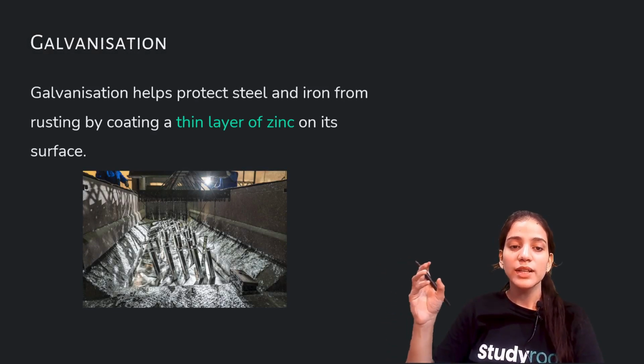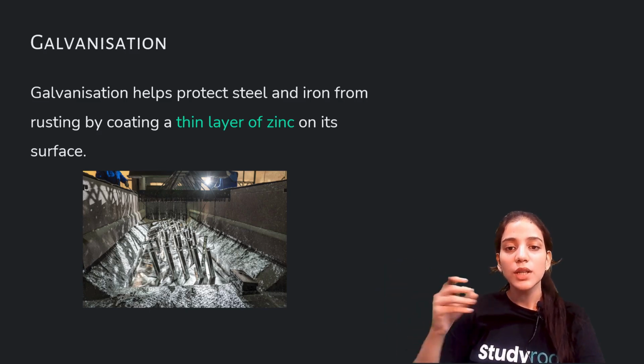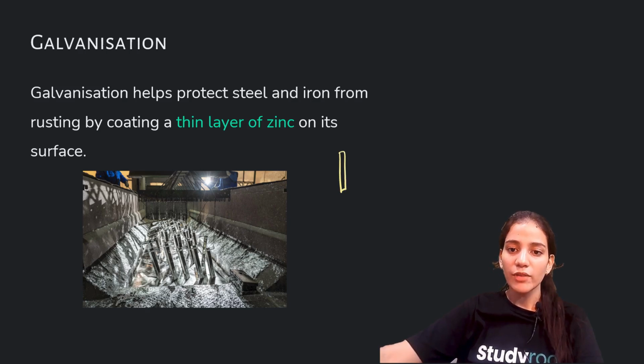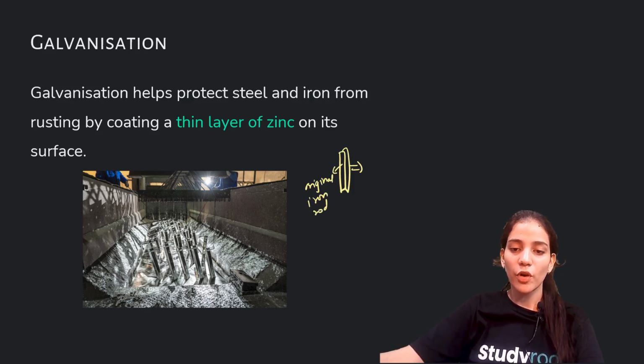It helps us to protect steel and iron from rusting by coating a thin layer of zinc on its surface. Suppose we have an iron rod here, and we have applied a thin layer of zinc over it. Now it will prevent our original iron rod from corrosion.